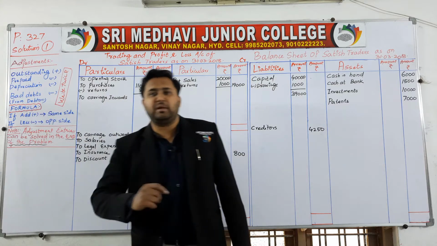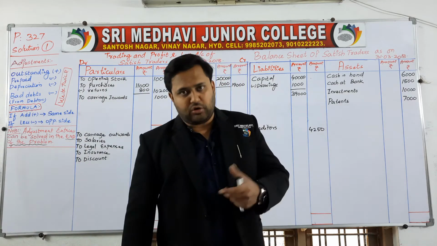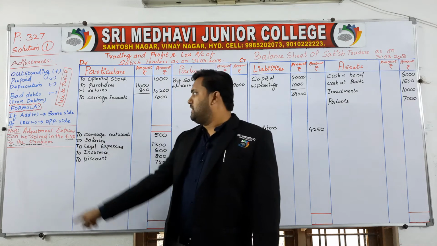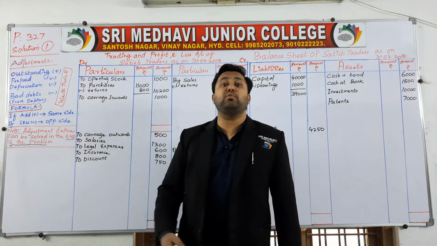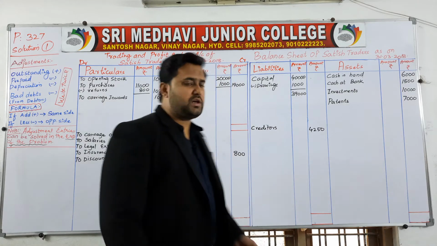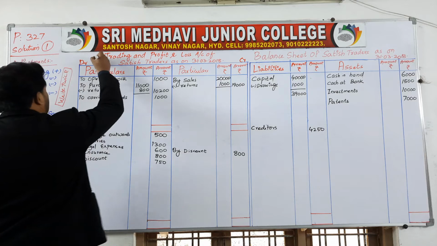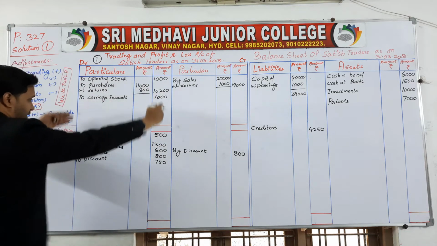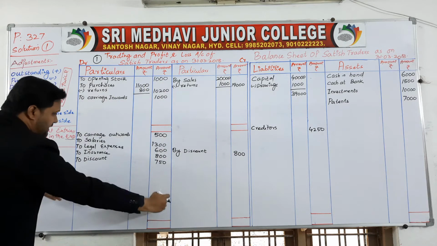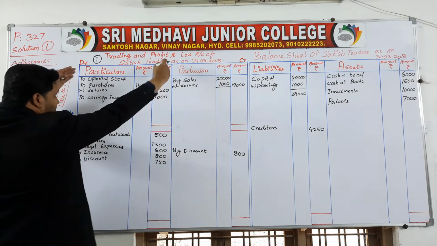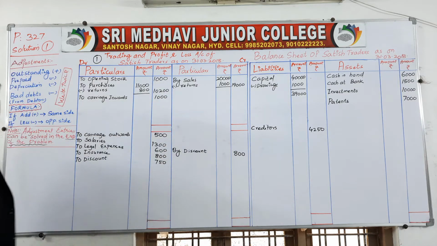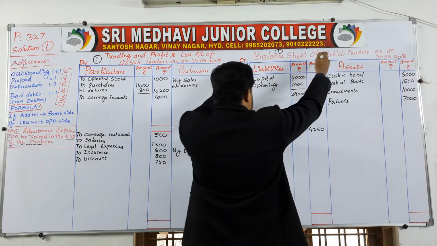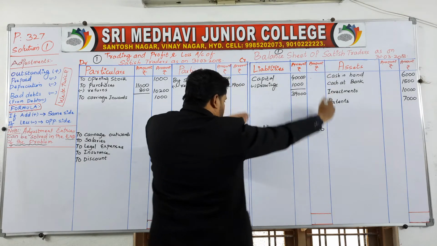And the formula which I have prepared for your better understanding for online classes is: if you add the adjustment entry, write on the same side. If you less the adjustment entry, write on the opposite side. Now what is same side and what is opposite side? Let us say for example, this is your side 1, all the liabilities here.